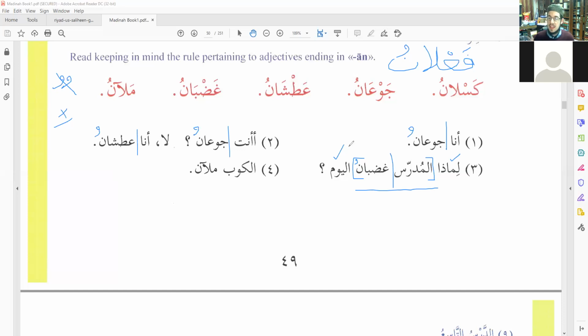Okay, and this led me to answer inadvertently one of another question that had been asked in the classes. How do you tell the difference between the dual, let's say kitaban, which means 2 books, and something like this, which is Jo'an?